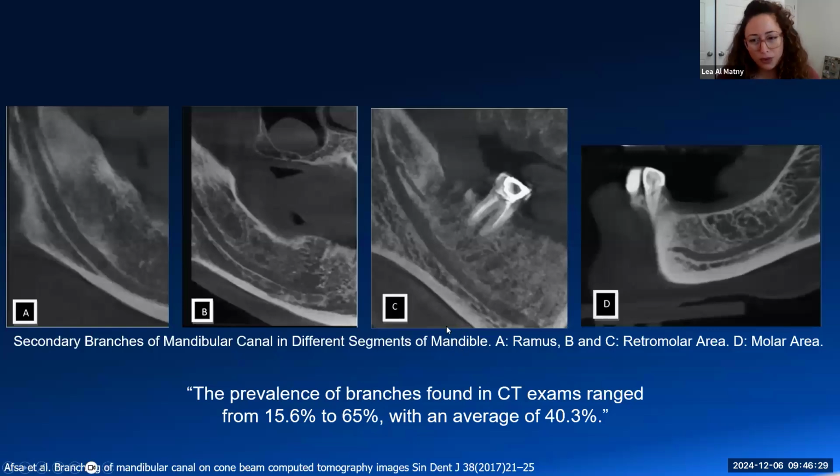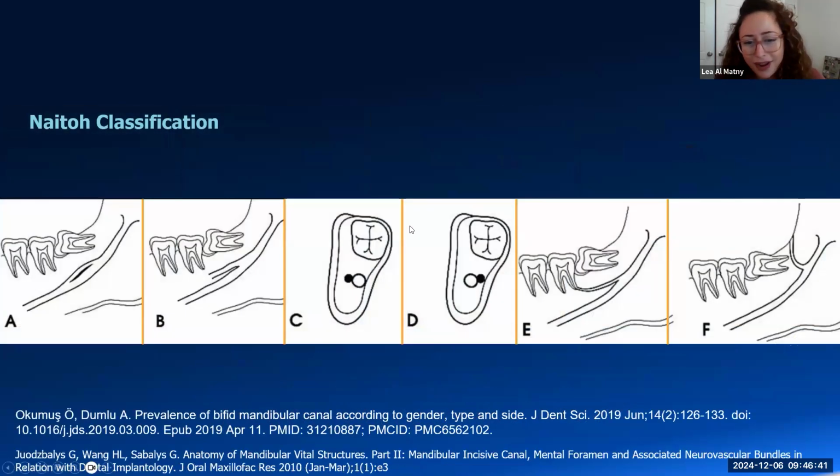But I think what's important is for us to scroll back and forth on a scan and see if you see a secondary branch. I don't think it really matters to classify it. I'm just showing this to you as additional information, to see that this has been very well documented.